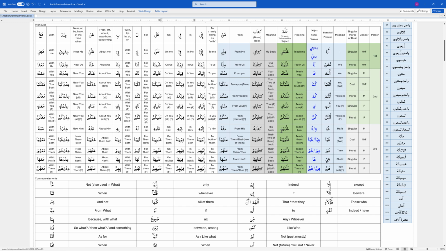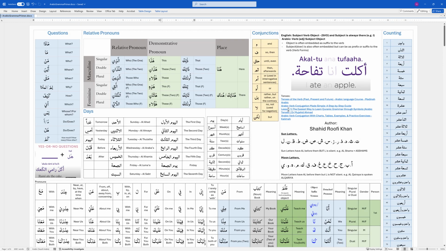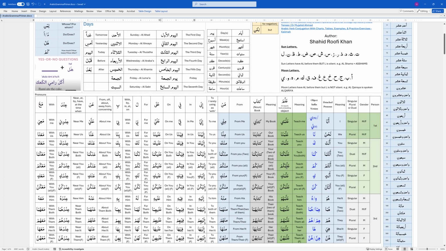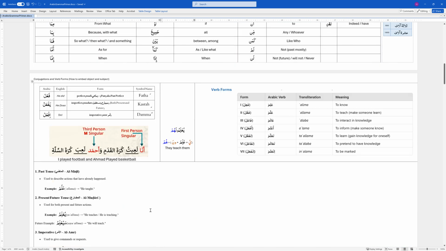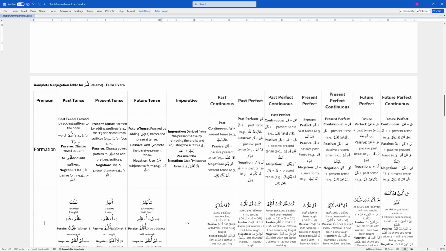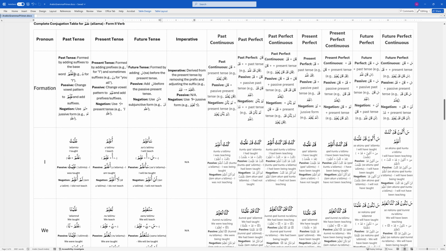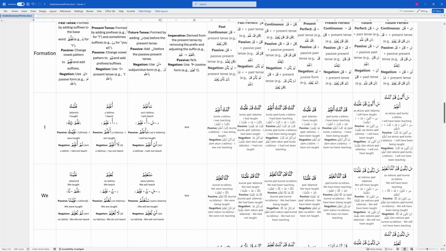In the case of verbs, we have both the prefix and sometimes a suffix added to the verb to change the meaning and to add the context of the verb. For example, you take the base root word and add an extra letter, and it will mean I taught.